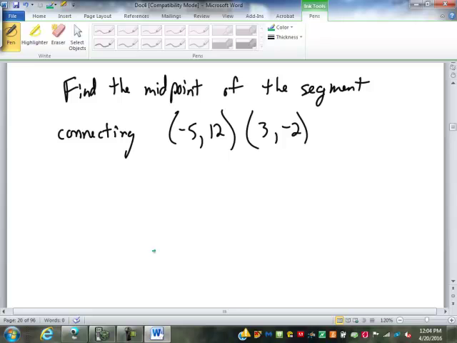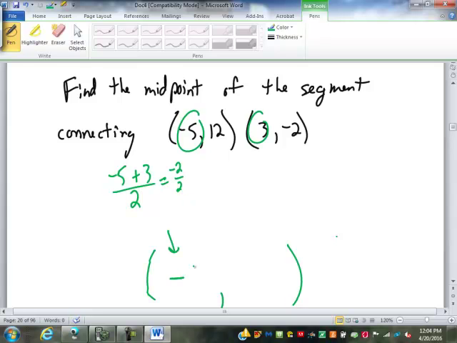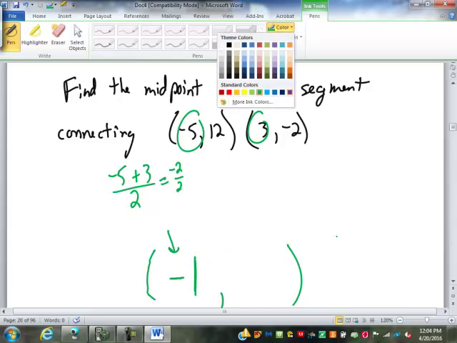So to find my midpoint, I'm going to do this. This is going to be my coordinate for my midpoint down here. For x, I'm going to average together the x coordinates. So -5 plus 3, those are my two x coordinates, divided by 2. -5 plus 3 is -2, divided by 2 is a -1. So my x coordinate is a -1.